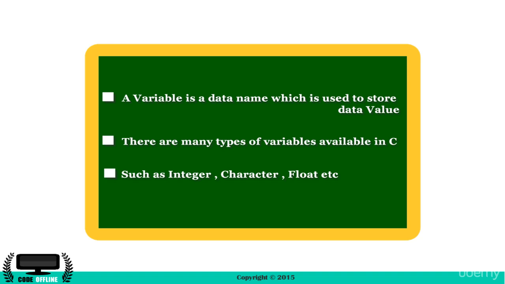There is a particular range for integer, but we will see that later. Currently just remember that an integer can store only integer values. Character is used to store a character value, and when you want to store floating point values inside your program, then you have to use the float variable.